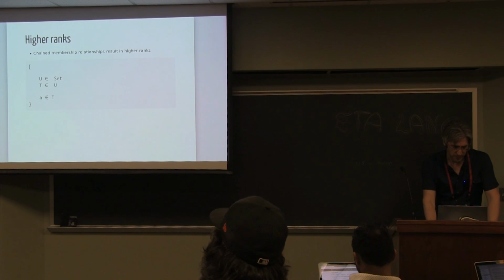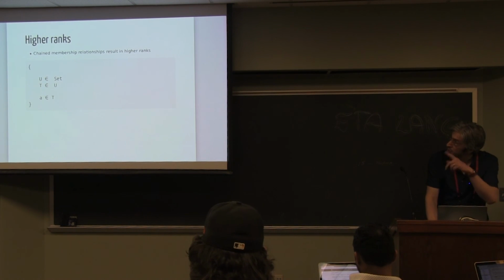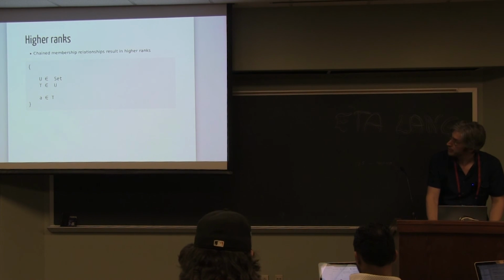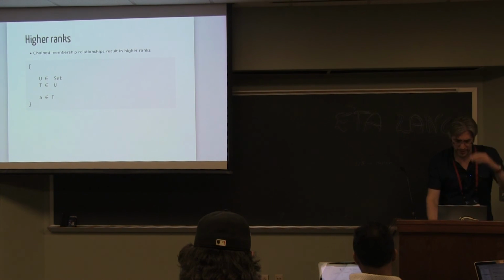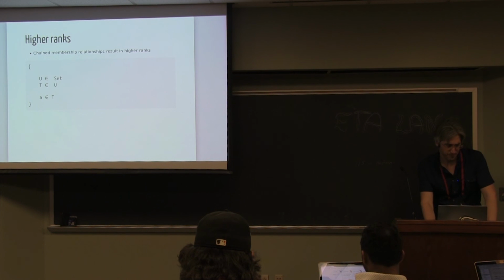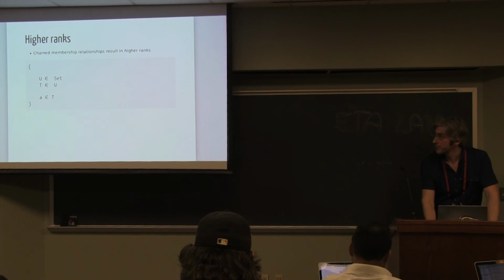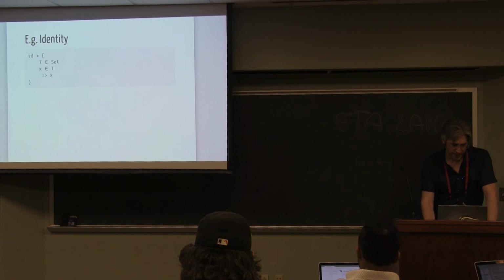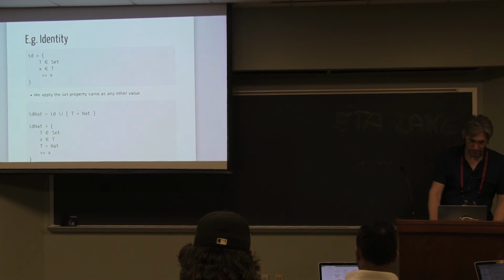Yeah, higher ranks is basically we create more hops in between the membership of a set and that it's itself a set. So we create a layering of ranks, but obviously the inference of that will go out of the window. It's not in the calculus, it's just theoretical. And identity is not interesting.